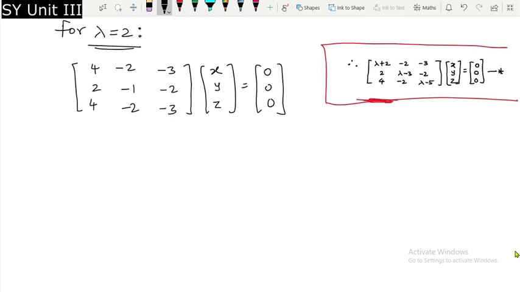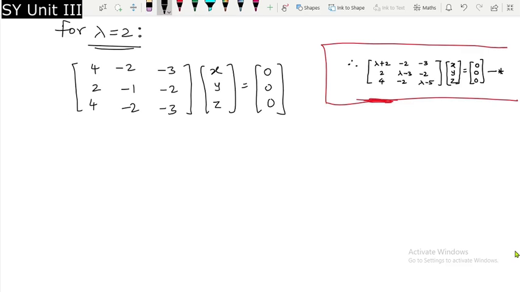So again I will think of first row and second row only. Now see here, you cannot choose first row and third row because the first row and third row are exactly identical. So either you can go for first row, second row, or second row, third row. Most of the time first row and second row works.